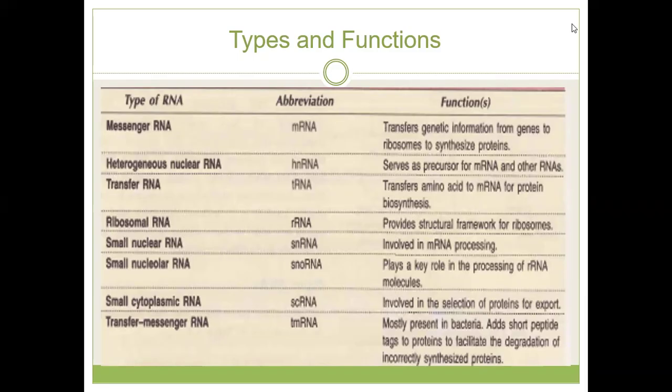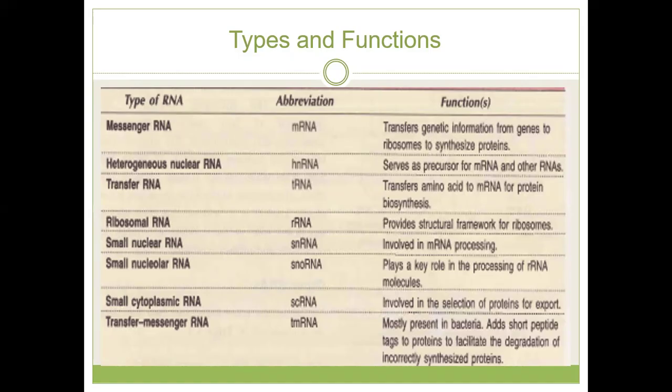And we have different types of RNA, and each of these has its own functions. So RNA is basically the main genetic material found in viruses and some eukaryotic animals. They perform several functions.